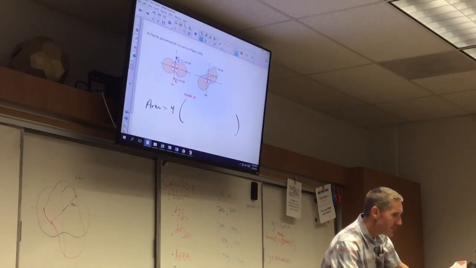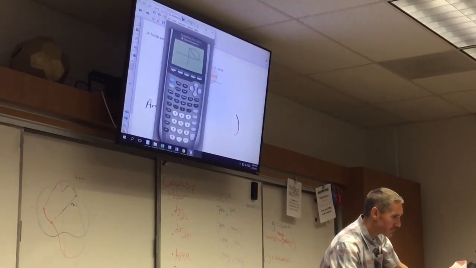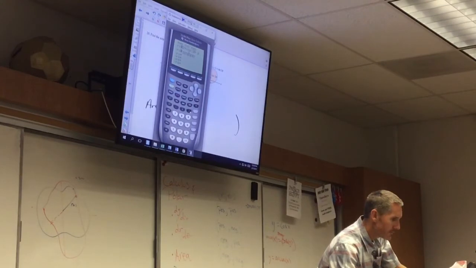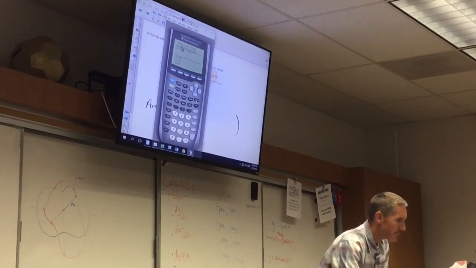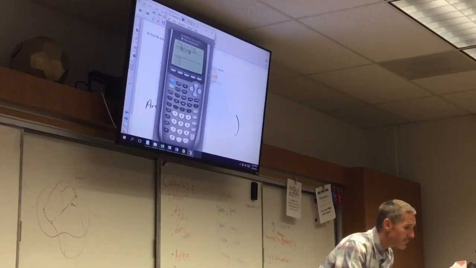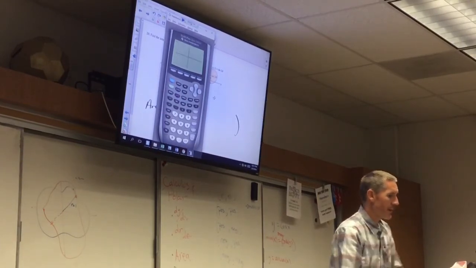So r sub 1 is 2 plus cosine 2 theta. And the other guy is sine of 2 theta. And my window, I'm going to go from 0 to pi over 2. And let's just graph these guys and see what we got.